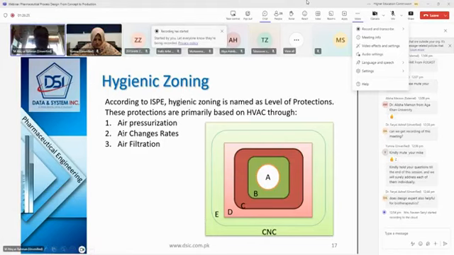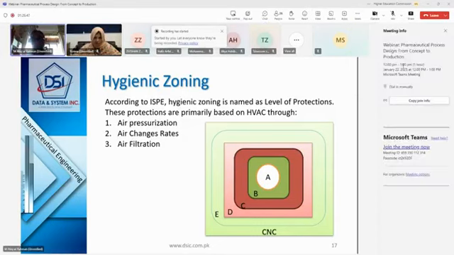So this is the hygienic zone. Always remember that the cleanliness concept in the pharmaceutical industry always comes from two sources. One is human practice, personnel flow, and number two is HVAC. So cleanliness of an area is always based on personnel flow or personnel practices, including gowning, degowning, handling of material, and activities of a person, and primarily on HVAC.